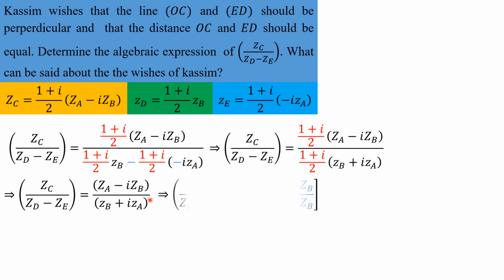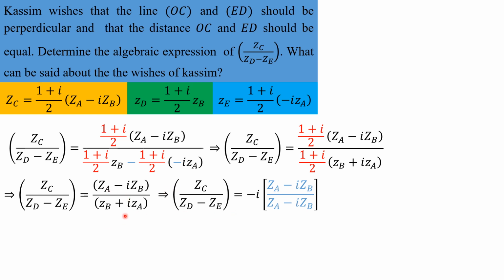This is divided by ZB plus iZE. Now if I multiply top and bottom of this equation by negative i, the numerator I'm just going to allow the negative i, but I'm going to multiply negative i in the denominator. So multiplying the denominator, I'm going to get negative iZB plus i minus i squared ZA. Since i squared is negative 1, then minus i squared is positive 1 times ZA is ZA.